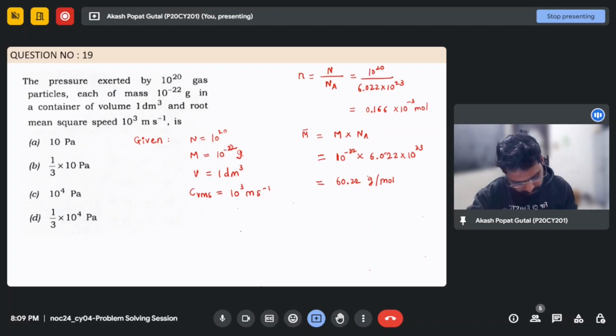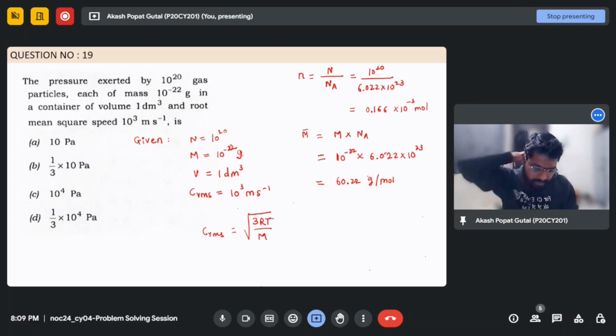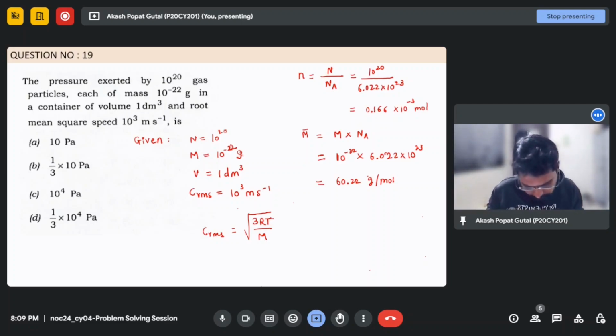So we have the RMS speed equation, root 3RT by M, which means we need to find out first the temperature. And by PV equal to nRT, the ideal gas law, you can get the answer for the pressure. First, we need to find the temperature. So we can write this in terms of temperature: temperature would be C_RMS square times M divided by 3R.